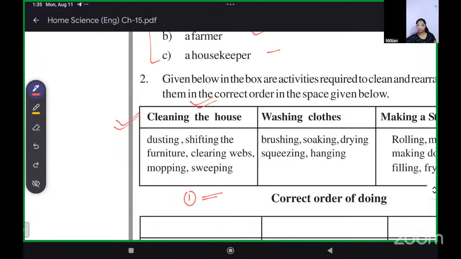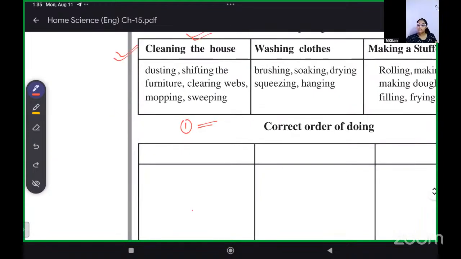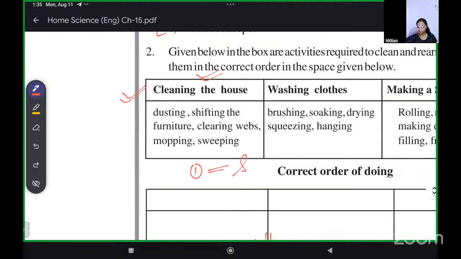No use. At the end is what we call reshifting, reshifting the furniture back to its place, after we've done all the cleaning. But the first step is we shift the furniture.